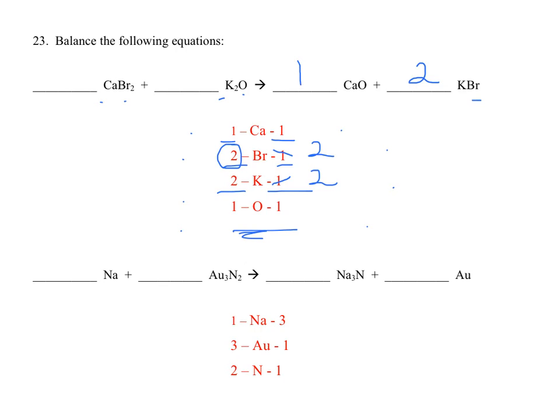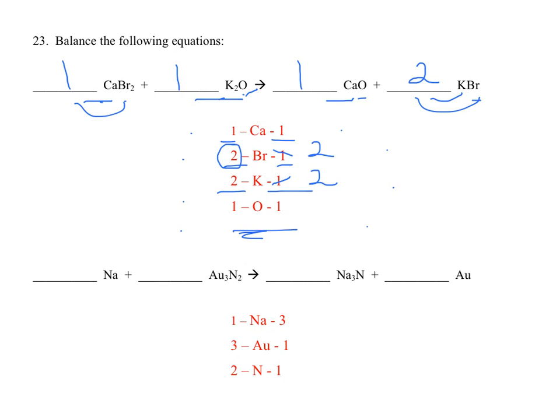And I might want to put 1s in here, but I'm not done until I've checked it. So here I have 1 calcium, 2 bromines, 2 bromines, 2 potassiums, and 1 oxygen, and 1 oxygen. It's done.